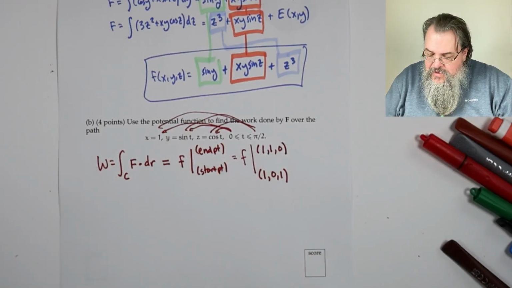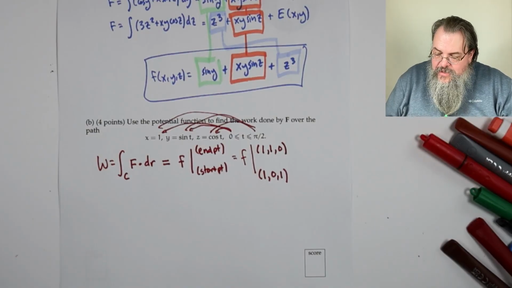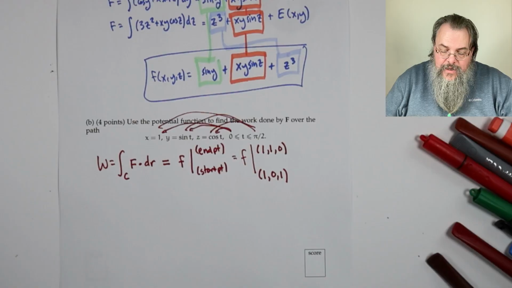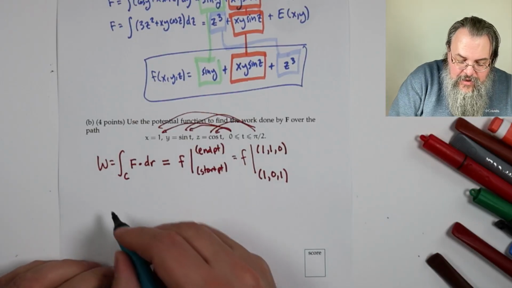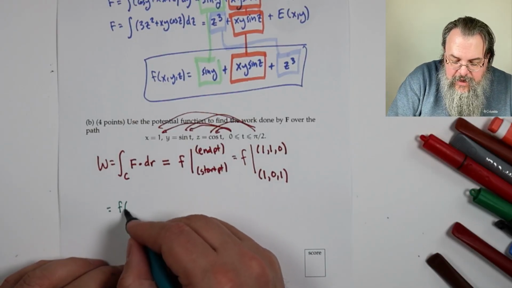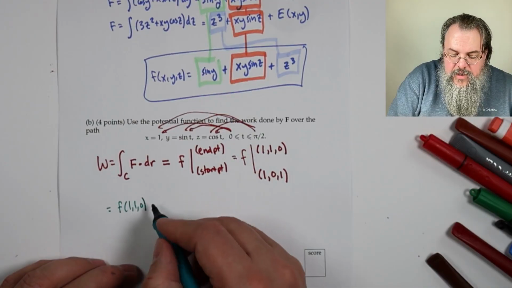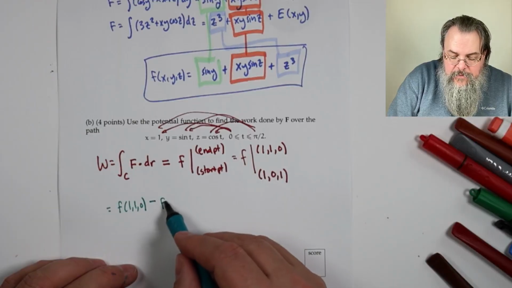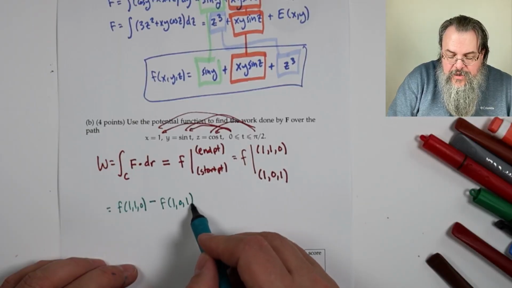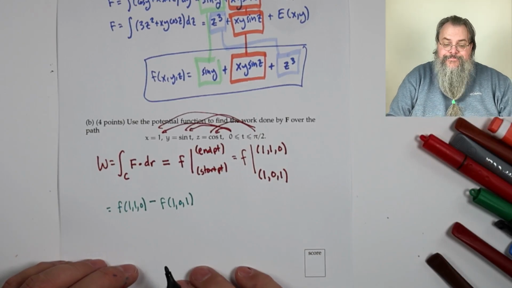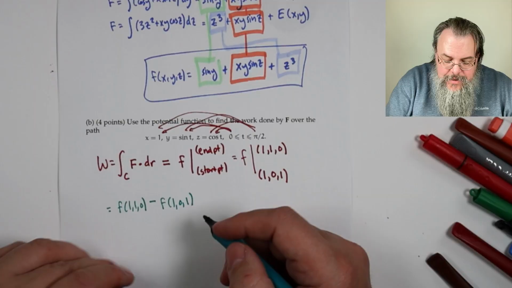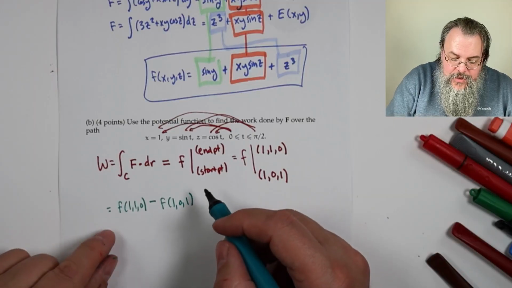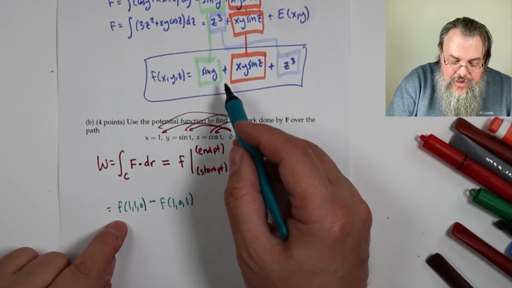Okay, so our answer is going to be the following. We're going to take f at (1, 1, 0), that's our end, subtract f of (1, 0, 1). That's our start. So, the last thing for us to do is to plug in these numbers.